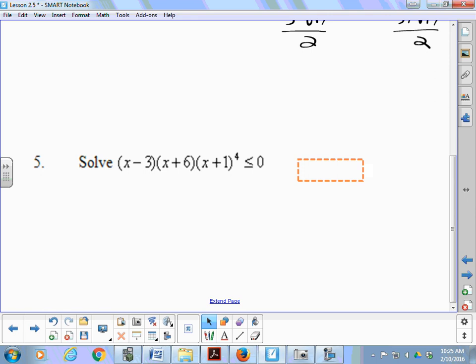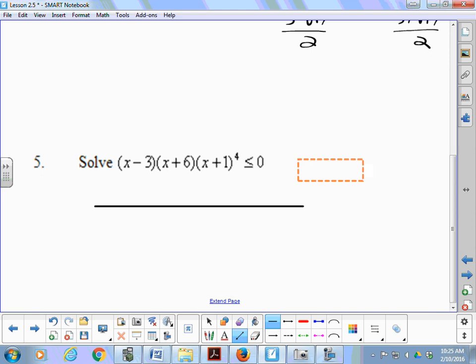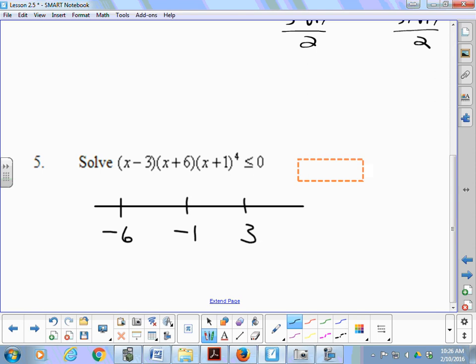Graph the zeros on a number line. We've got -6, -1, and 3.